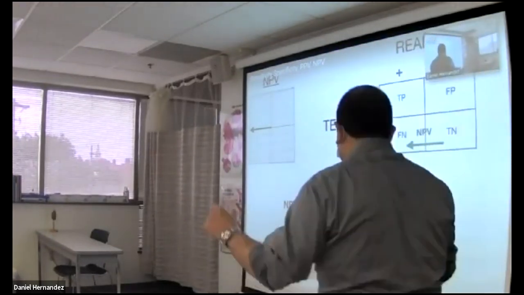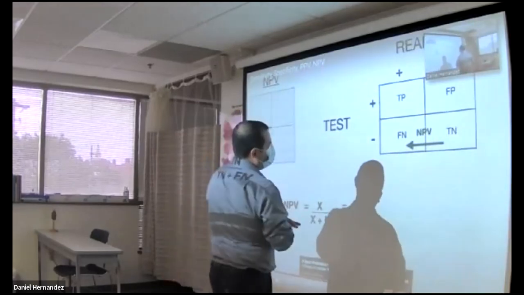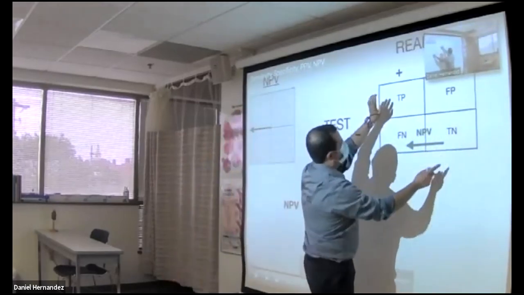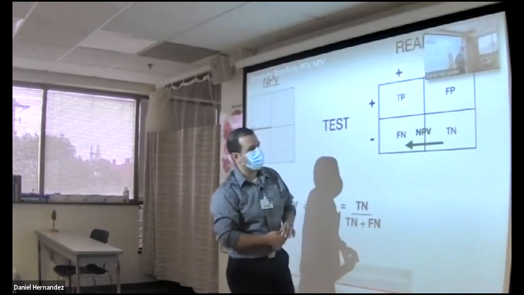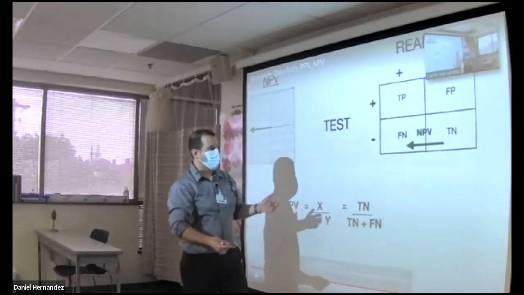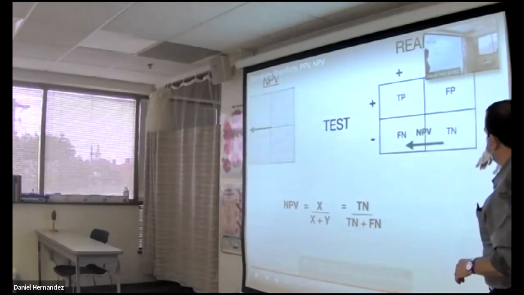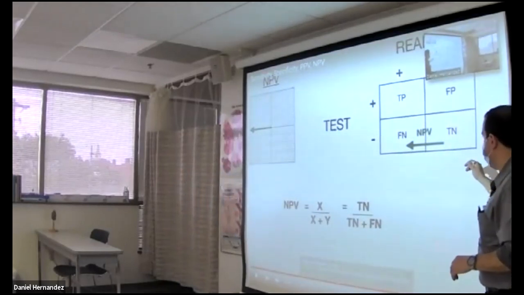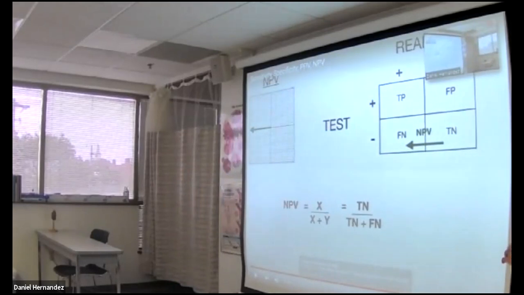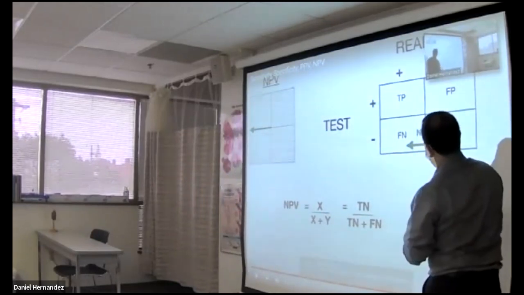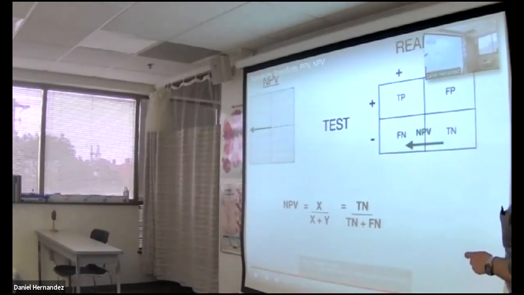So if you ever forget arrow directions and all that, your numerator is always going to be one of these two. It's either going to be your true positive or your true negative as your numerator. And then, depending on whether you're doing negative or positive predictive value, or specificity versus sensitivity, that determines which two values you're adding. So which direction you're going across your chart.